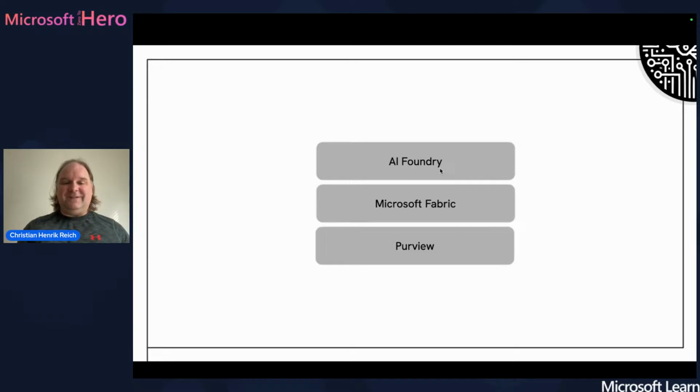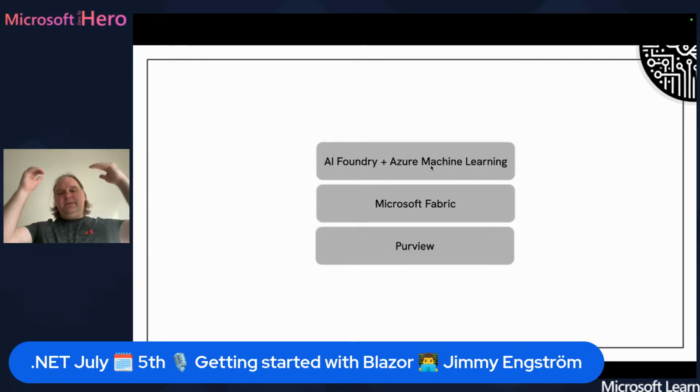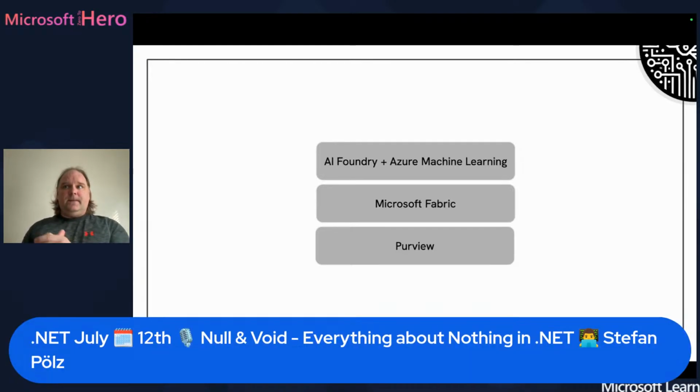And on top of that, AI Foundry is residing, and actually also Azure Machine Learning. So we have pushed up the AI to a box in itself, and then Fabric becomes mainly a data layer. So my background was, I would like to do machine learning. How do I do this best with Fabric? And is Fabric still the right place to be? So that's some of the things we're going to explore in this session as well.